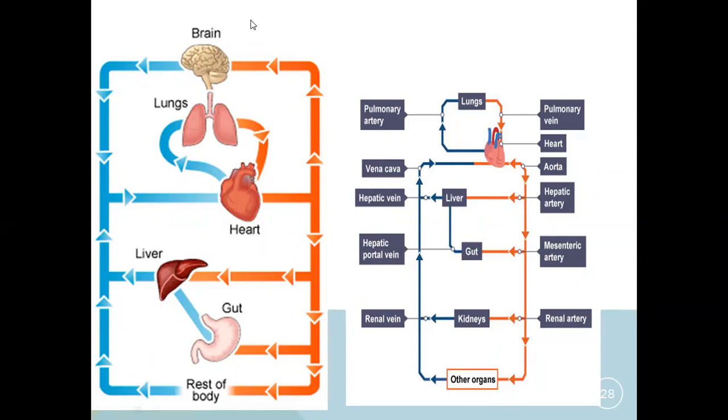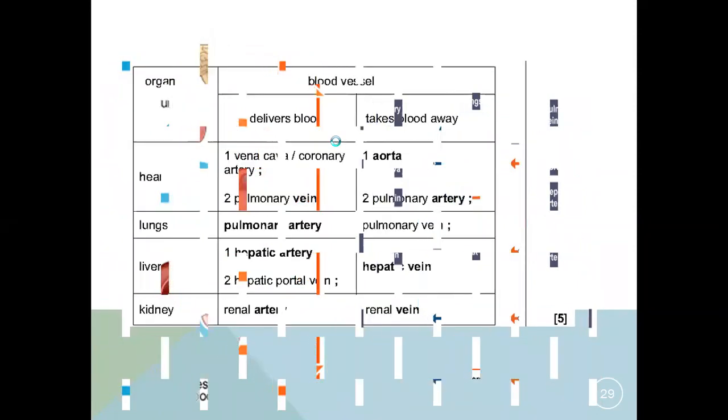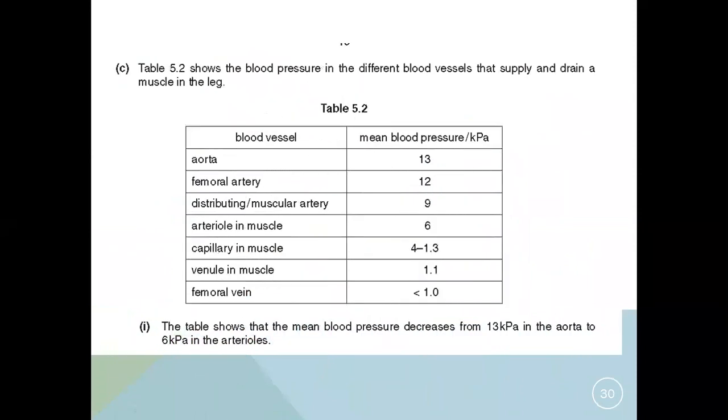All right. Now let's move toward another question. Table 5.2 shows the blood pressure in different blood vessels that supply and drain a muscle in the leg, right? These are the blood vessels: aorta, femoral artery, muscular artery, arteriole, capillaries, venules, and femoral vein.